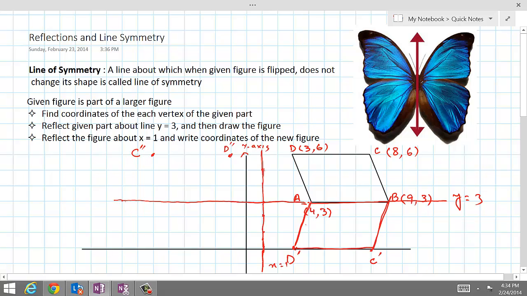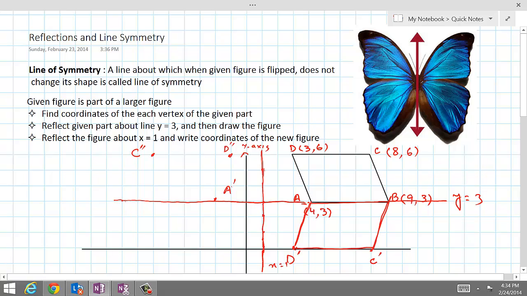And now A, how far is A from this line? 1, 2, 3. It is 3 units toward right. The reflection would be 3 units toward left. So 1, 2, and 3. So this is 3 units toward left. This is A dash.